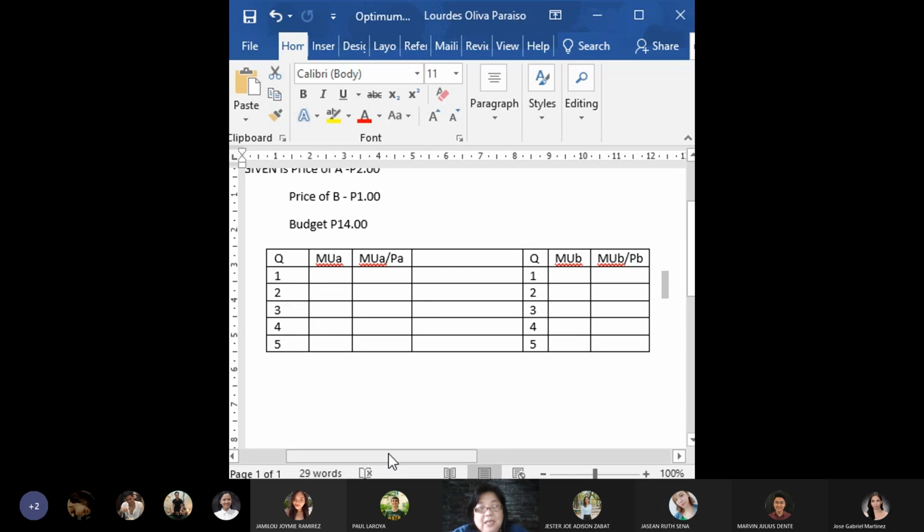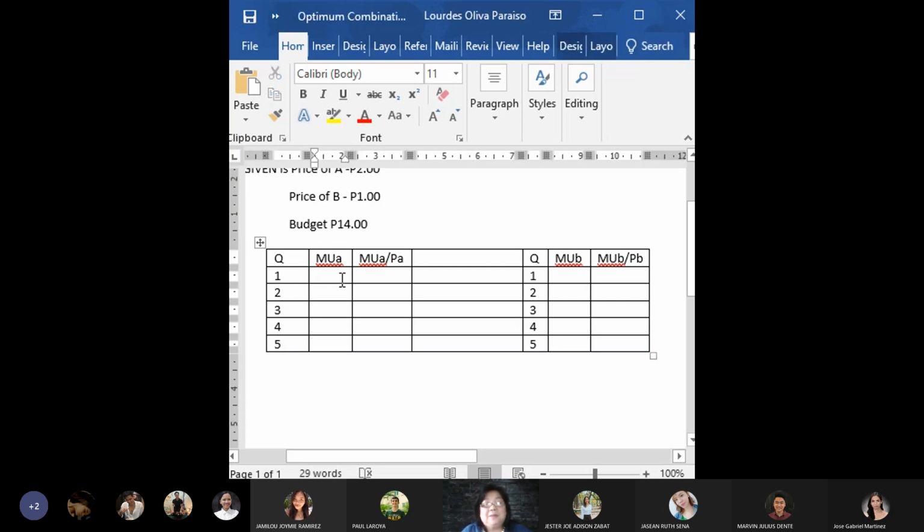When we say marginal utility, it is the satisfaction yielded after every additional good is added. So if you're going to notice, this one is 1, you have added 1, and then you have added 1 again, and you have added 1, and you have added 1. So assuming that the marginal utility computed for your good A is 100 utils.